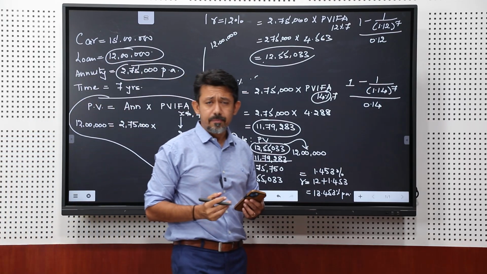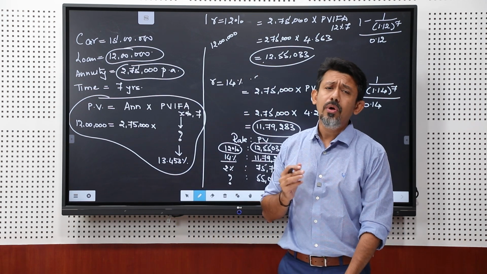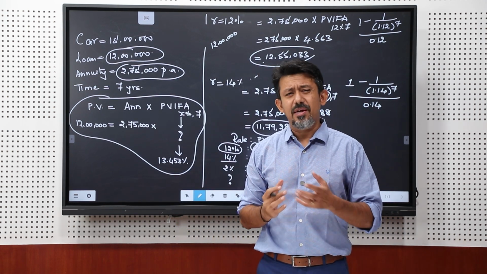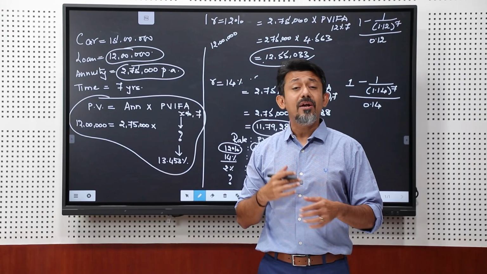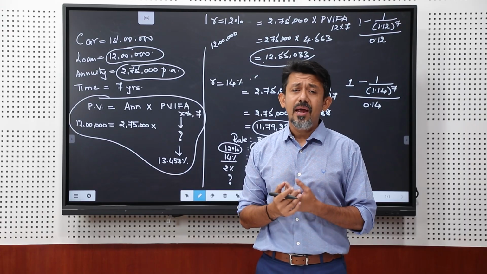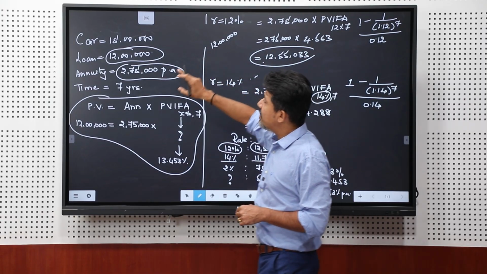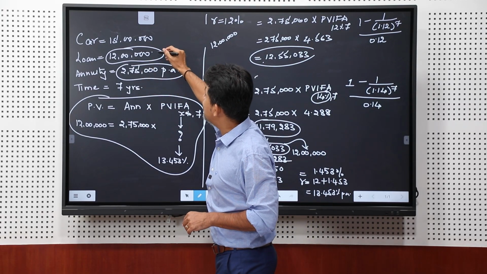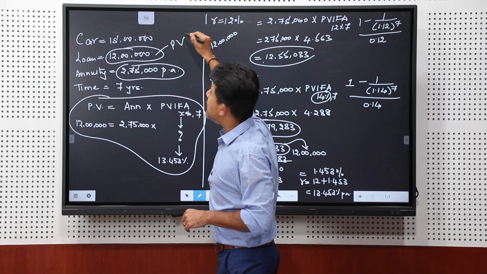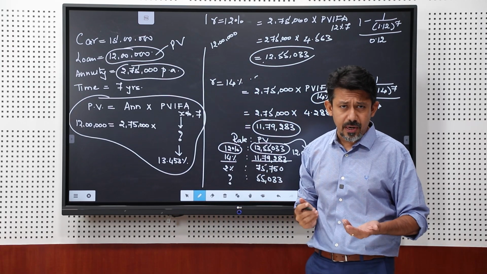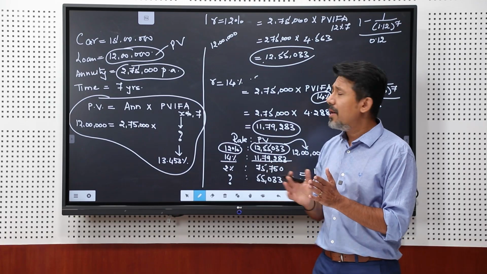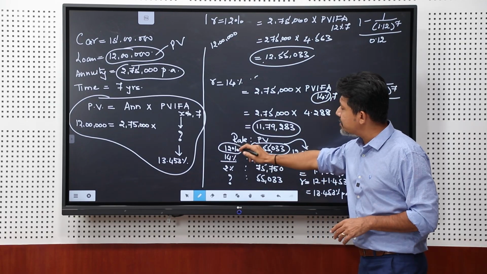So you've got to assume two rates in the trial and error method. No matter which formula you are using, try and get as close as possible to the target value, whether the target value is a present value or it is a future value, depending upon the formula that you are using. And as I said, try and close down. I took a 2% change.